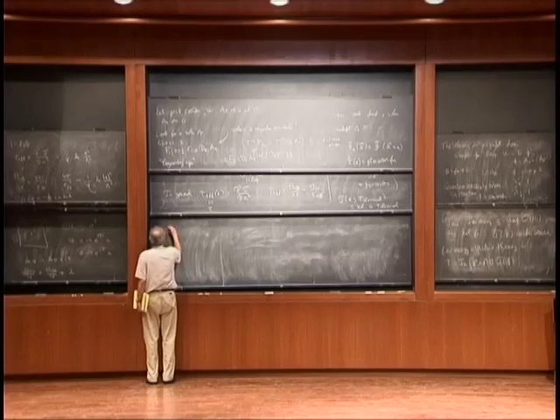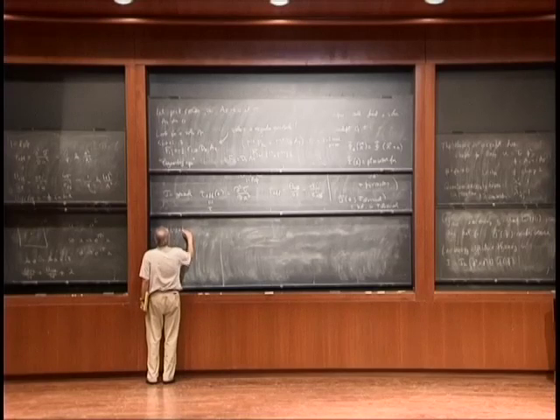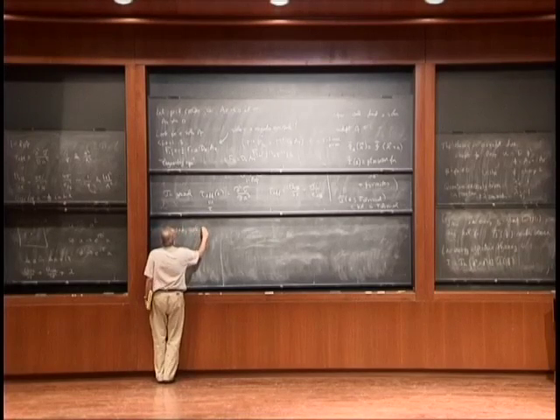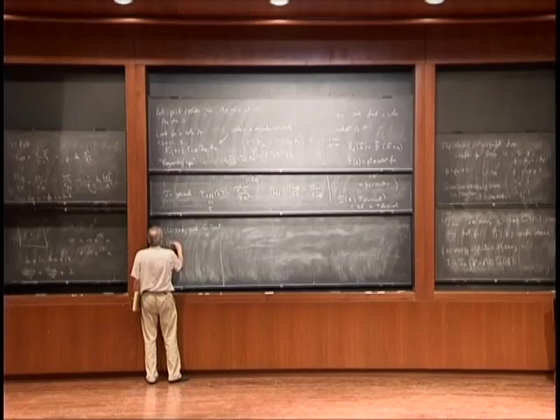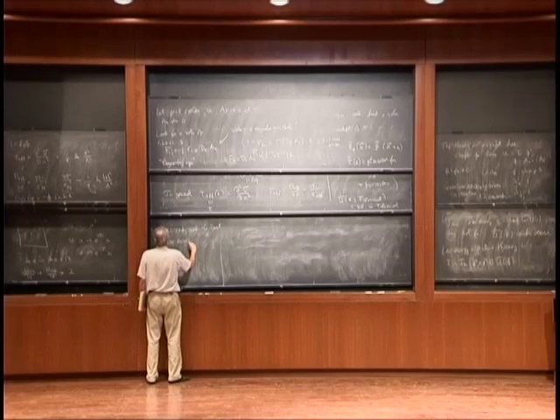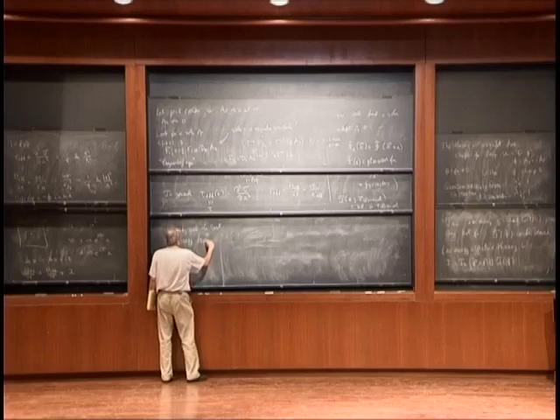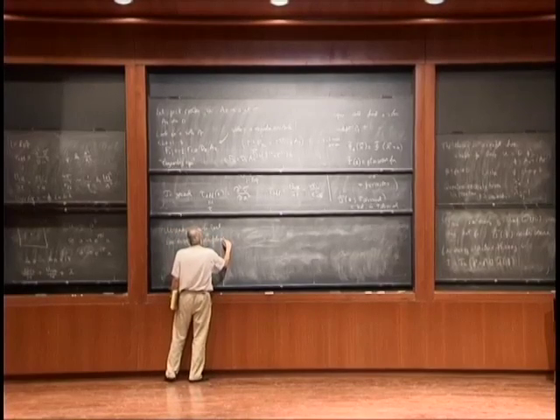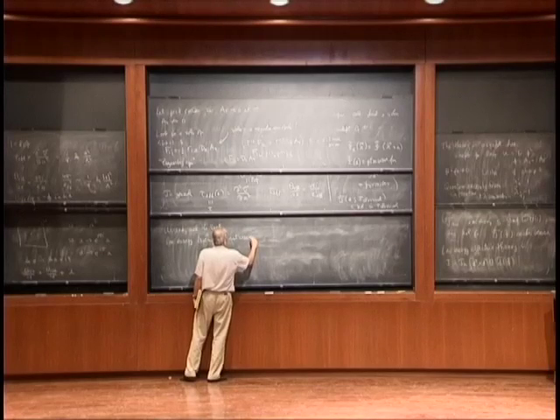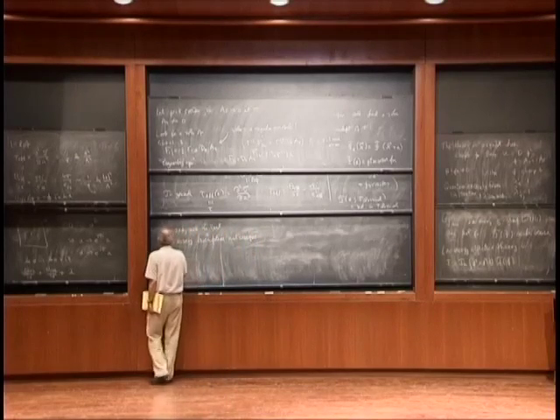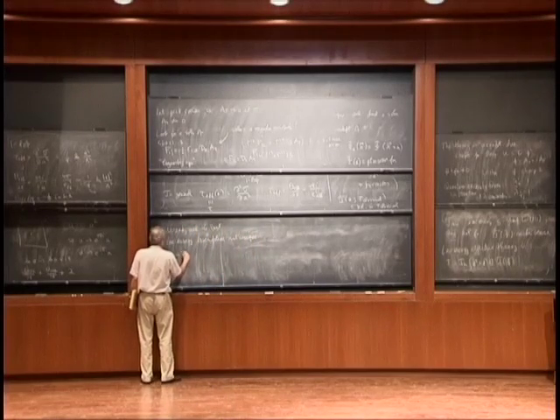So we already used the fact that the low energy description is not unique. We have the possibility of tau going to tau plus 1.